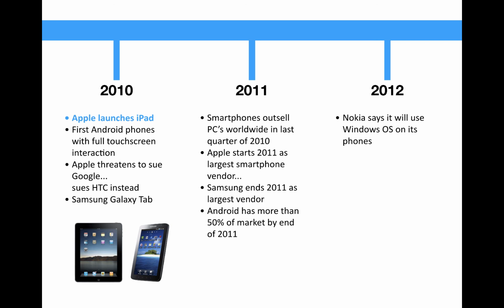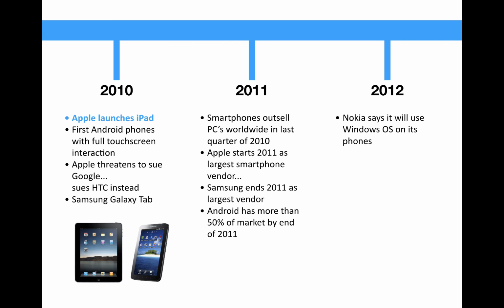As an indication of where the future of the smartphone platform is going, it's interesting to note that Apple starts 2011 as the biggest smartphone vendor, and Samsung ends 2011 as the largest smartphone vendor. And by the end of 2011, Android is already the operating system on more than 50% of the smartphones sold.